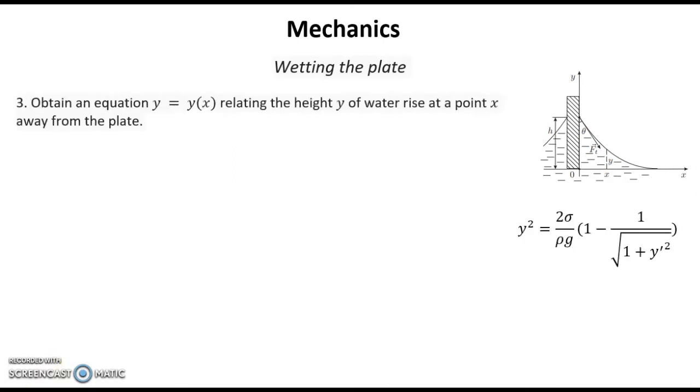And the last question. Obtain an equation for y as a function of x relating the height y of the water rise at the point x away from the plate. So we need to solve this equation, and we can separate variables and we will get this result. And now we can integrate both parts, and for that we have to make a substitution.